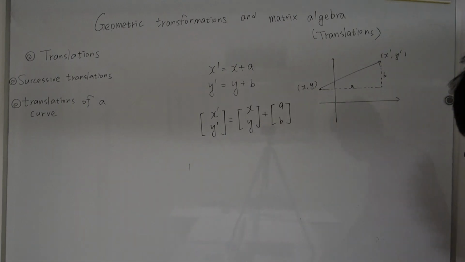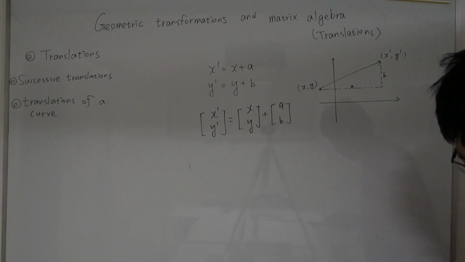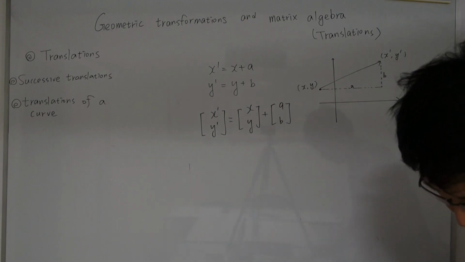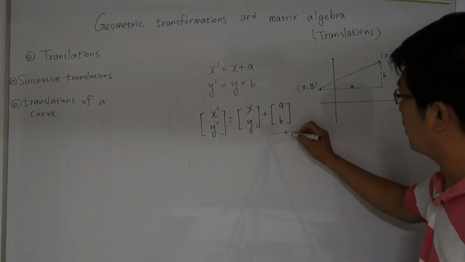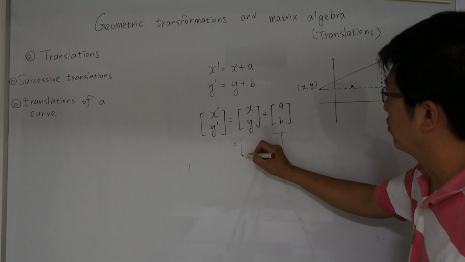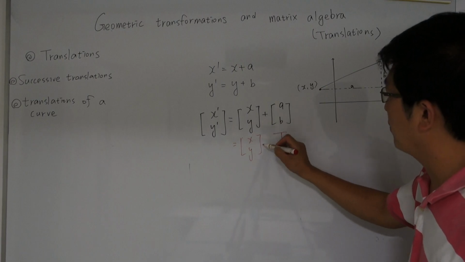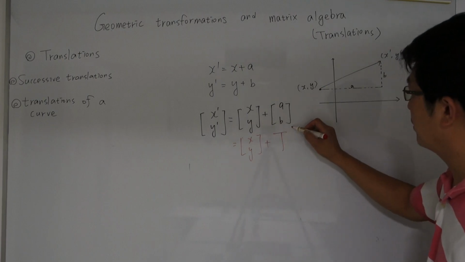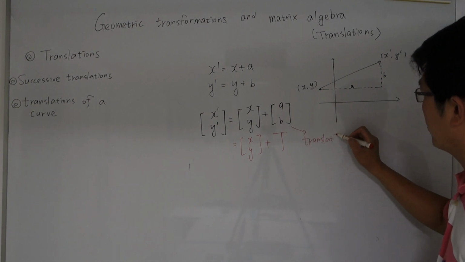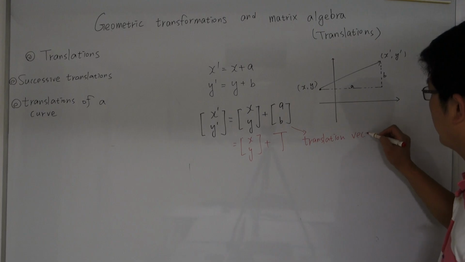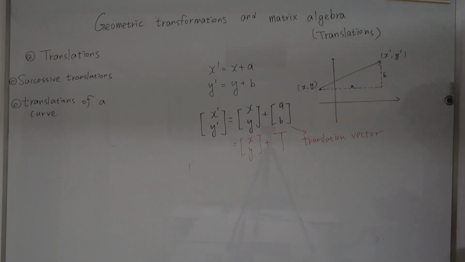And this (a, b), we call it the translation vector, okay? We use T as the symbol, so T equals (x, y) plus the translation vector.